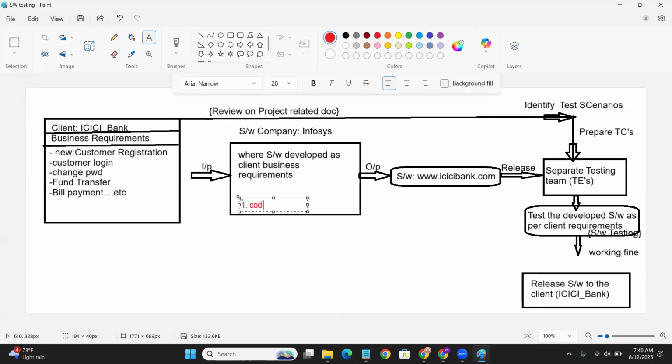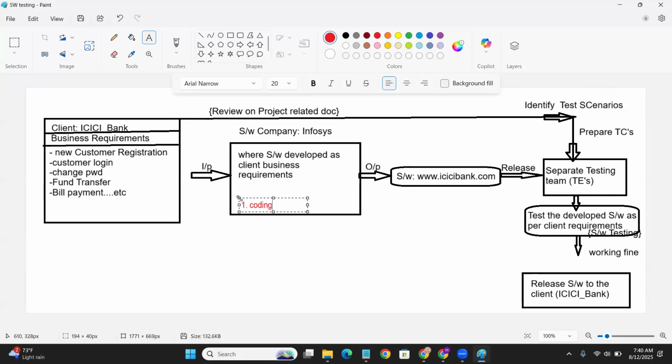What is the meaning of coding? Writing the programs using either programming languages or scripting languages in order to develop the software is called coding.